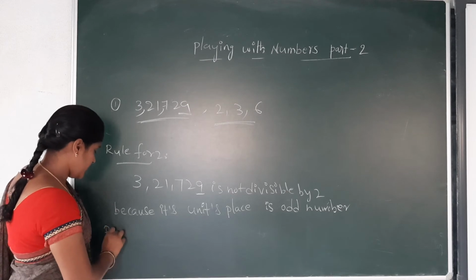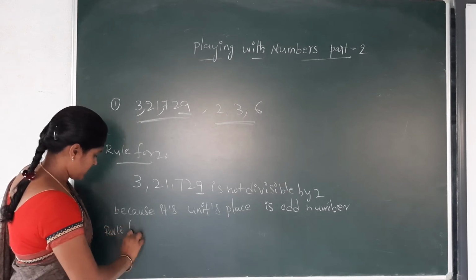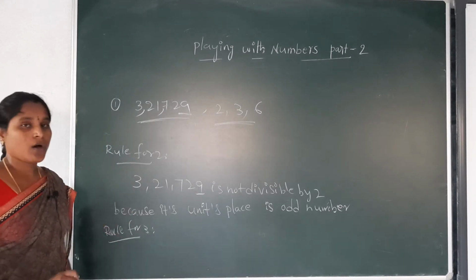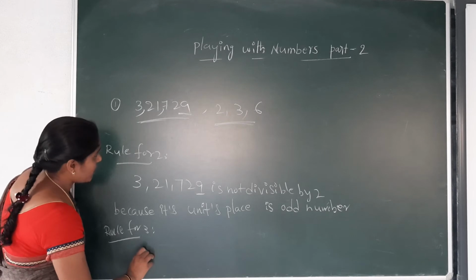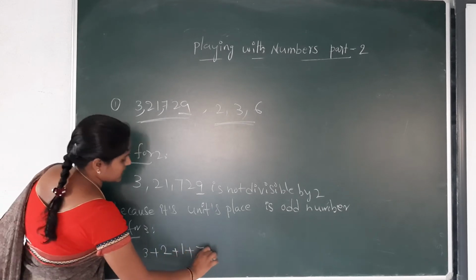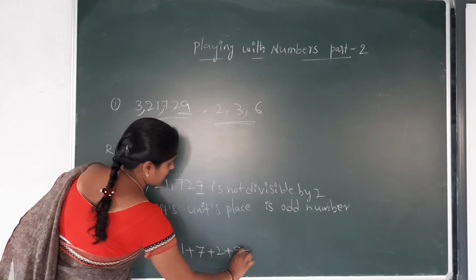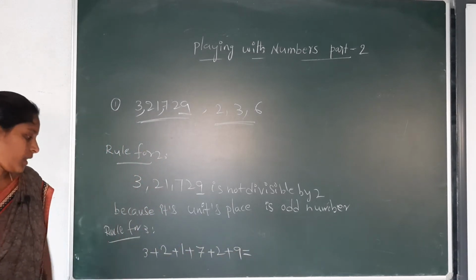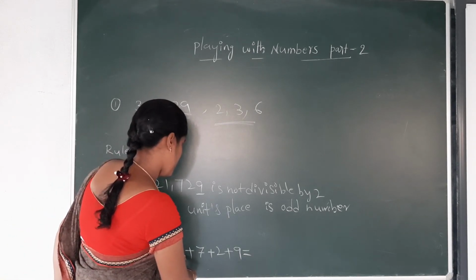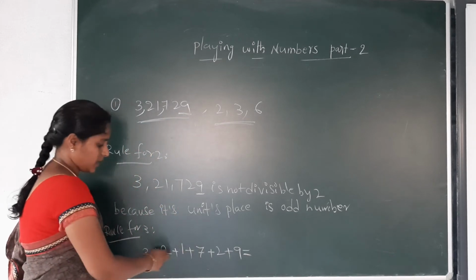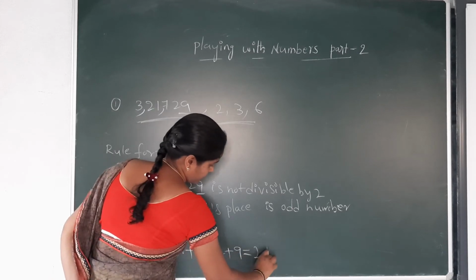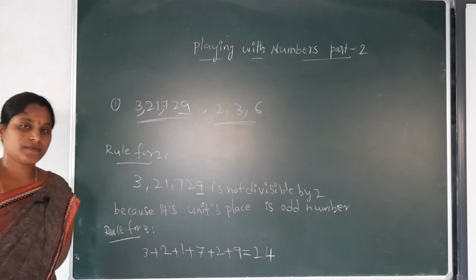Next, we are going to check the rule for 3. What is the rule for 3? We add the sum of all the given digits. What are the digits here? 3 plus 2 plus 1 plus 7 plus 2 plus 9. 3 plus 2 is 5, 5 plus 1 is 6, 6 plus 7 is 13, 15, 24. 24 is divisible by 3.